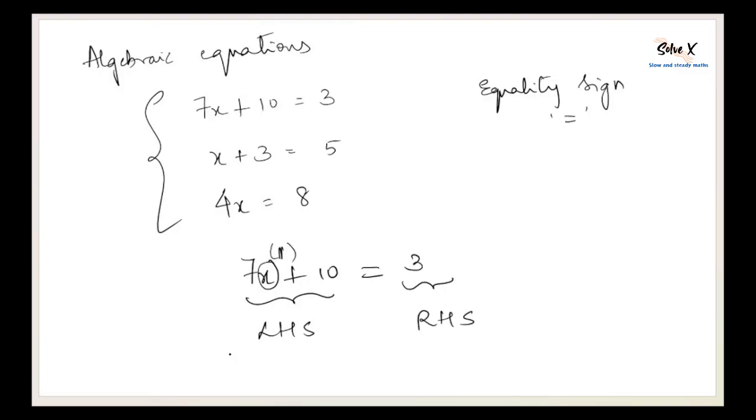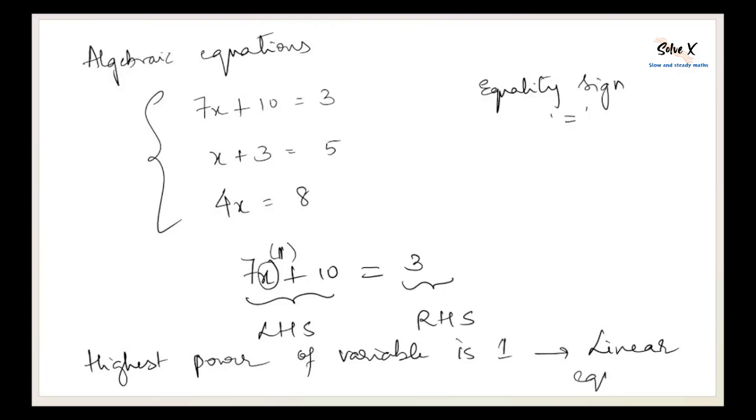When the highest power of the variable is 1, it becomes a linear equation. So in this chapter we will be discussing and learning about linear equations with one variable only.